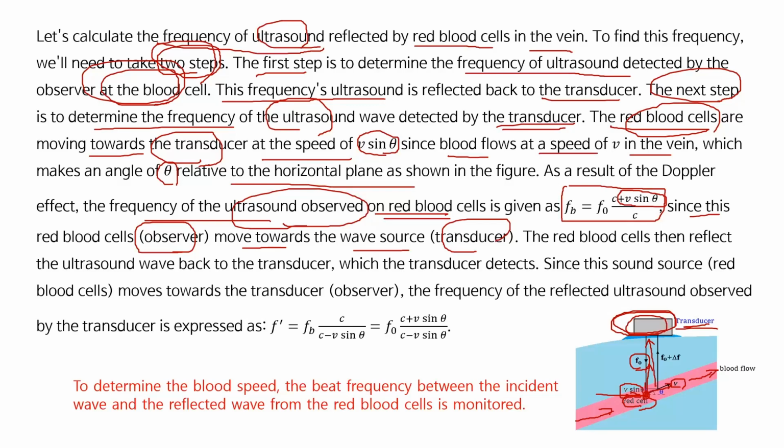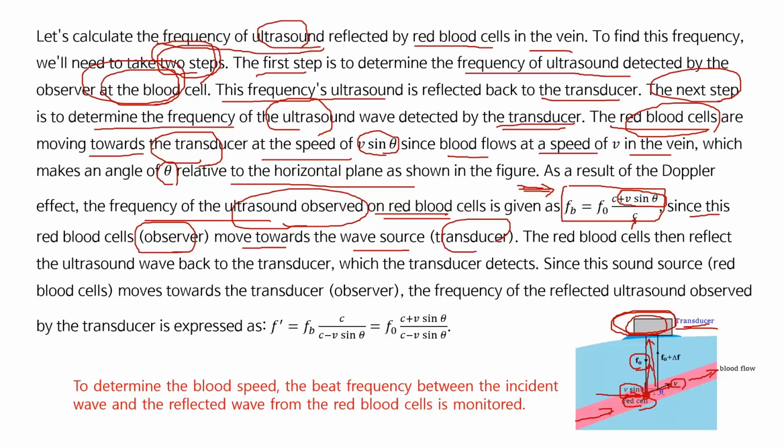Here C is the speed of sound in the human body. So now we have determined the frequency of ultrasound observed at the site of the red blood cell, with this equation. And this frequency of the ultrasound is reflected to the transducer.